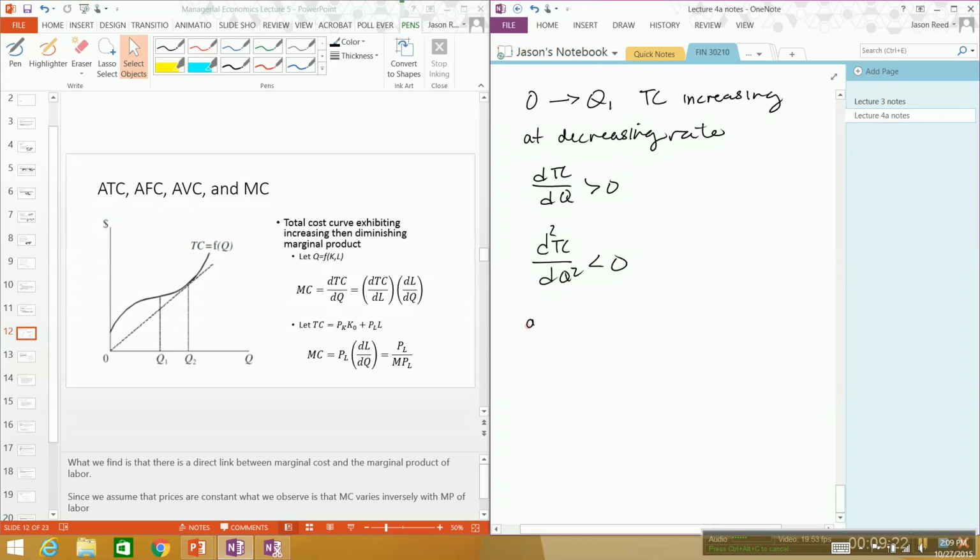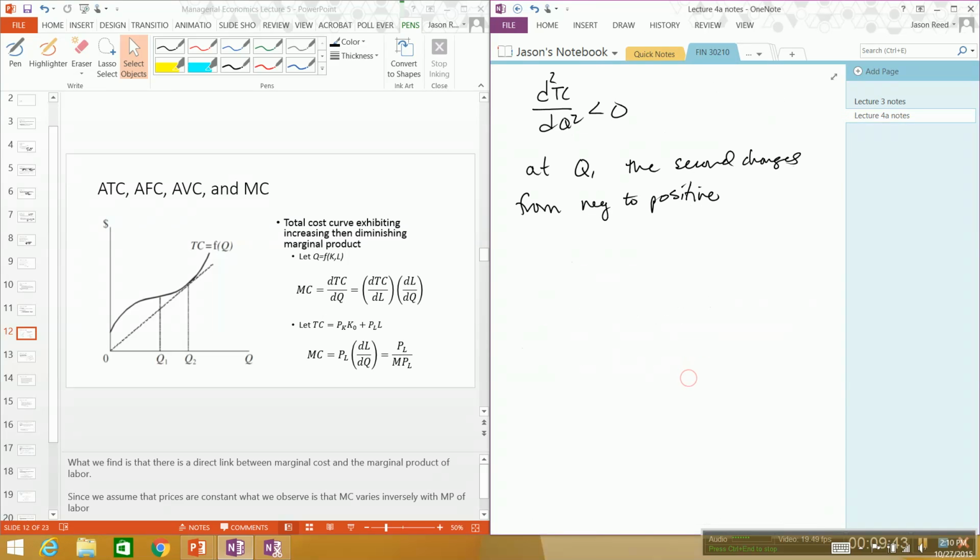And then at Q1, this is our inflection point. This is where the second derivative changes. So at Q1, the second derivative changes from negative to positive.